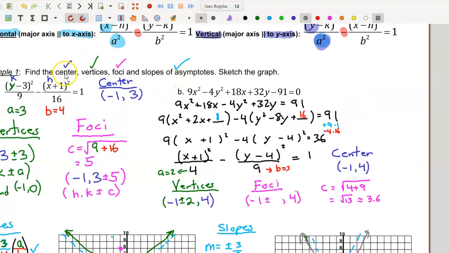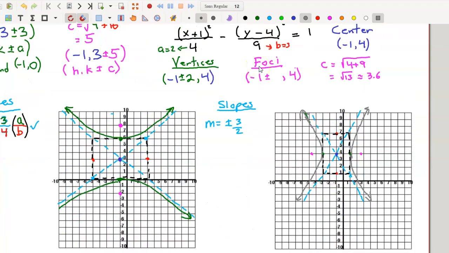And double check directions, make sure we did everything, including sketch the graph, and I think we're good to go. Oh, finish this was root 13.